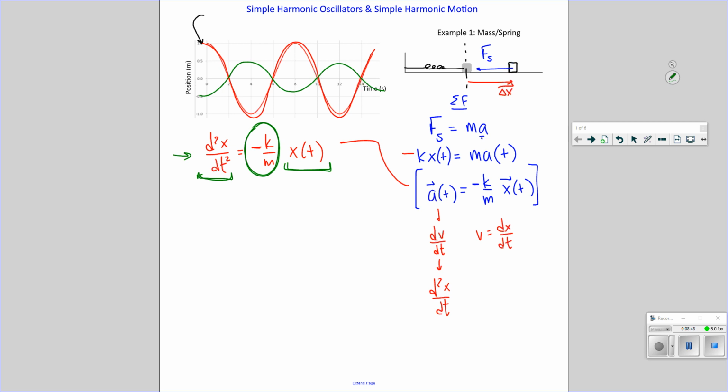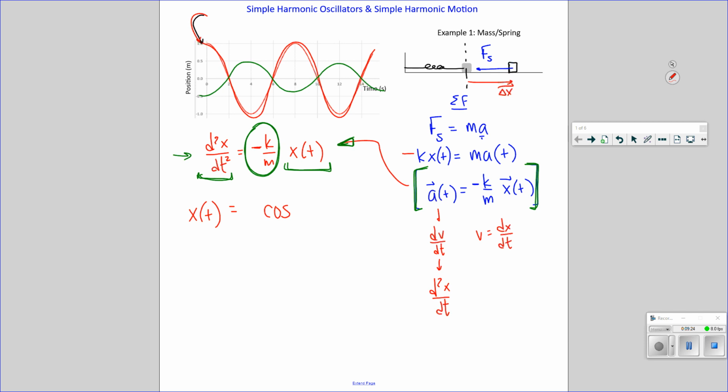So what this says is when you get to a situation, a phenomenon, a system for which that statement is true, which says that the second derivative of the function has to be proportional but negative to the function itself, there is only one function that can meet that criteria, and that says that this position has to be, quote, sinusoidal. All right, now this one happens to start at a max, so this is actually a cosine function. That's okay. So this is a cosine.